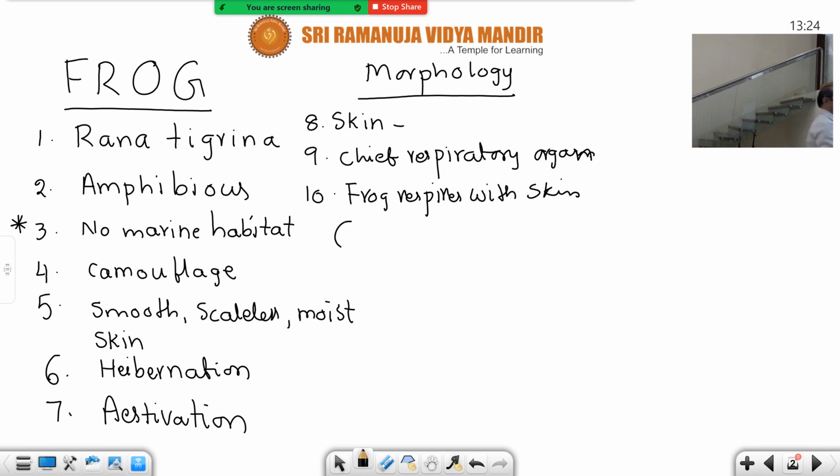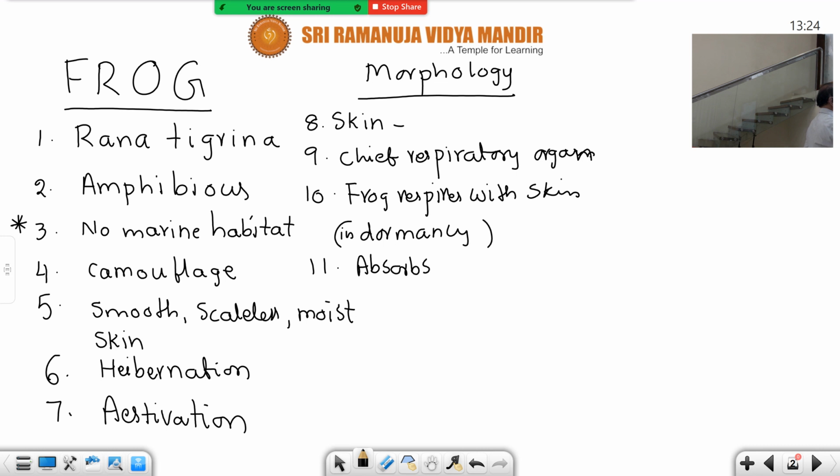Instead of using both the terms hibernation and aestivation, better you use dormancy, the dormant stage. So the frog respires with skin in dormancy, meaning taking rest. The dormant period of the frog is a rest period; in winter and summer they take rest. And the frog never drinks water, it absorbs water through skin.